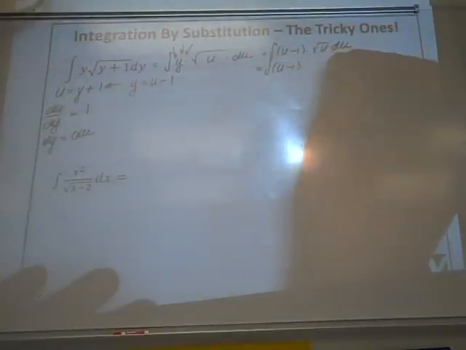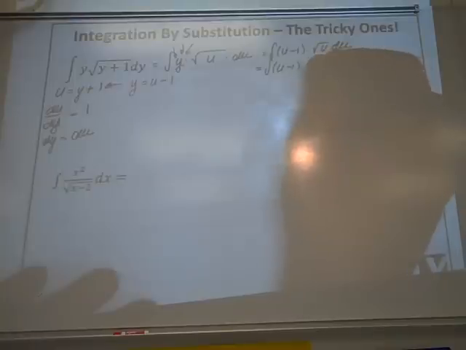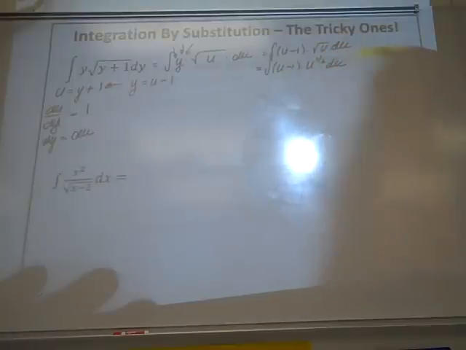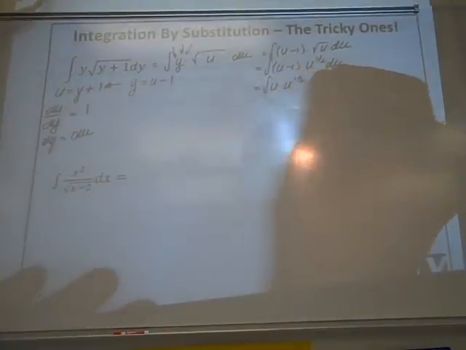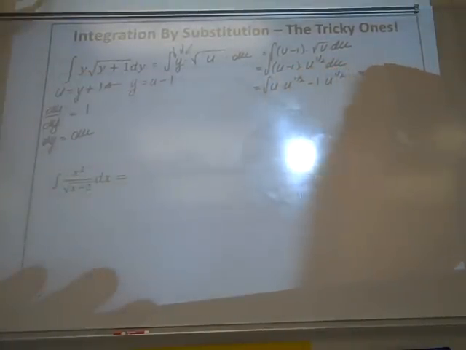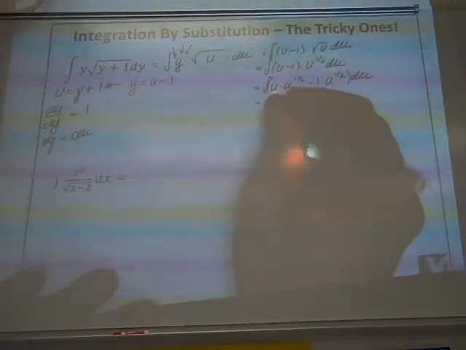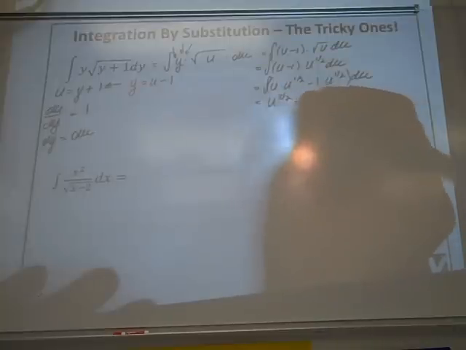That's all in terms of u. That's a good thing. So we'll have u minus 1 times u to the 1/2 du. I've got u times u to the 1/2 minus 1 times u to the 1/2. All of that du. And so we've got u to the 3/2 minus u to the 1/2. Oh my gosh.